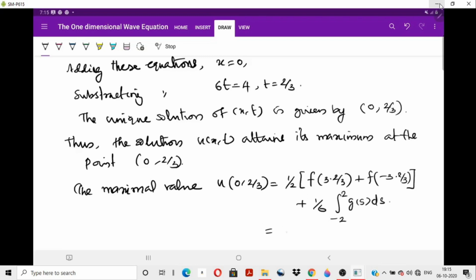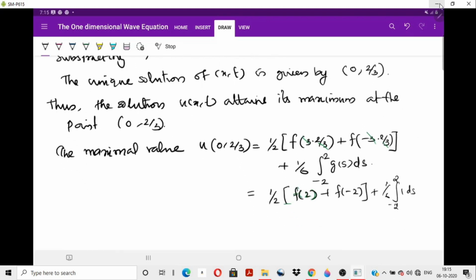This is equal to 1 by 2 into, the 3 and 3 get cancelled, f of 2 plus f of minus 2, plus 1 by 6 into the integral from minus 2 to 2 of 1 ds.